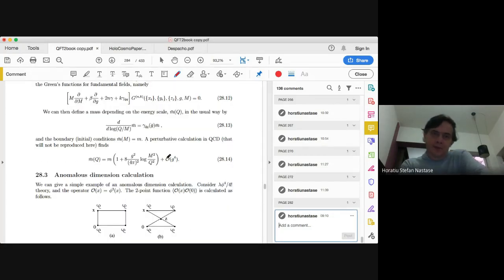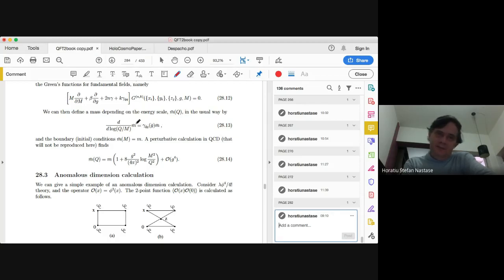I will also define a mass depending on the energy scale, m bar of q, in the same way as we defined it in the renormalization group for the fundamental fields. So also like there, d/d log of q over M of m bar is this anomalous dimension times m bar.